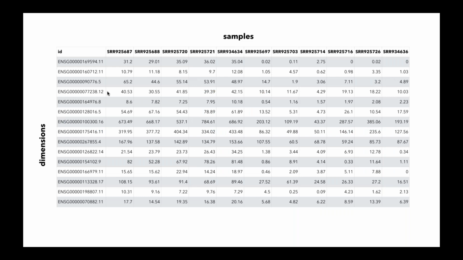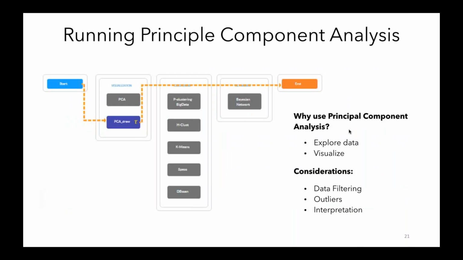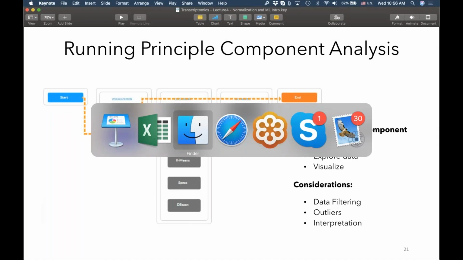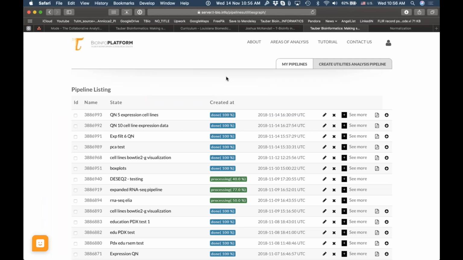As an example, we have all of these genes as our dimensions and all of our samples. And what we will do is this simple pipeline that will help us explore the data variance and understand our data from the perspective of principal components. So let's go and do that really quickly.